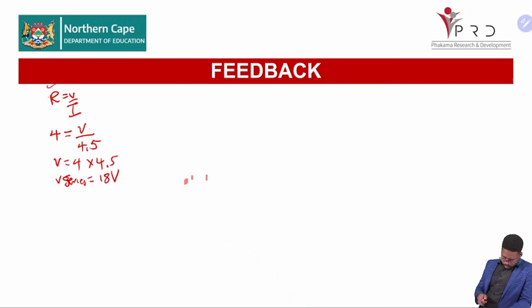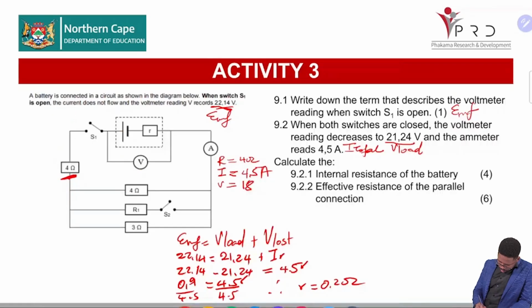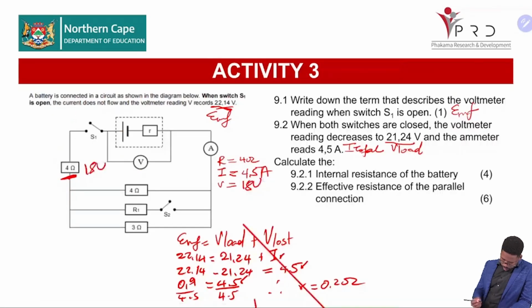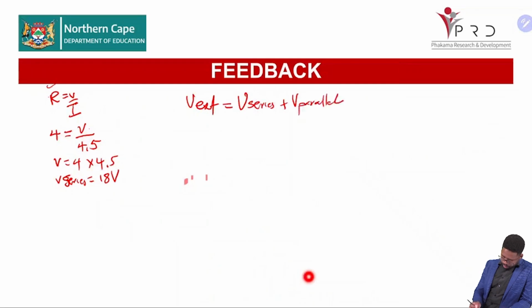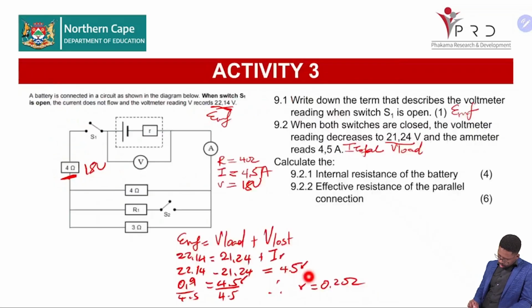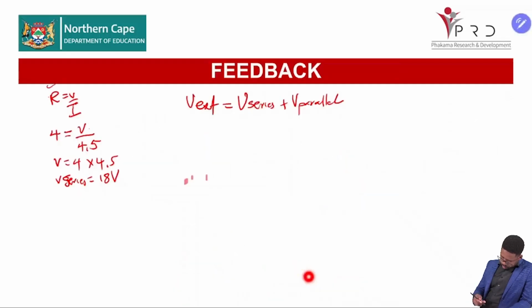Then, once we have this 18 volts in series, we know that for us to get V external, we must add V in series plus V in parallel. So already we know what our V external is. We are told it is 21.24 volts.